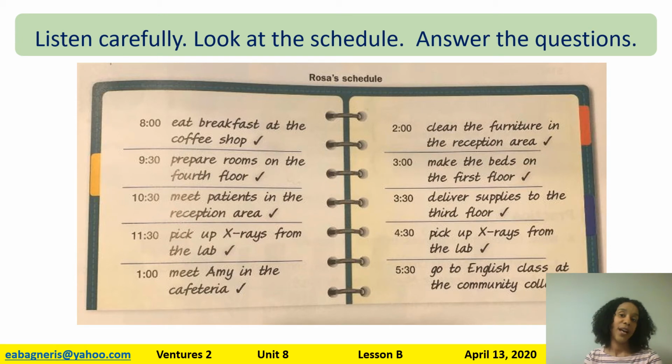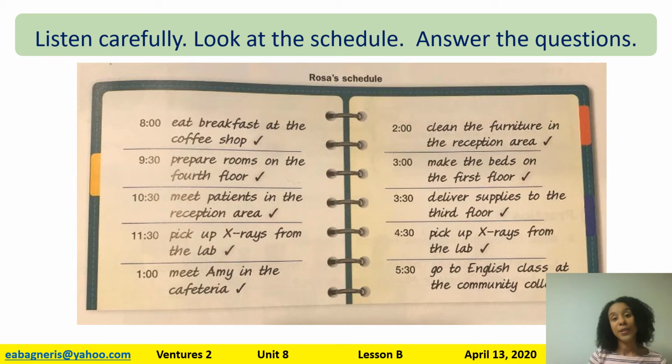And now, how would you ask the question? If you wanted to ask a what question, what would you ask? What did she do at 3 o'clock? Or, what did she do there? She made the beds.